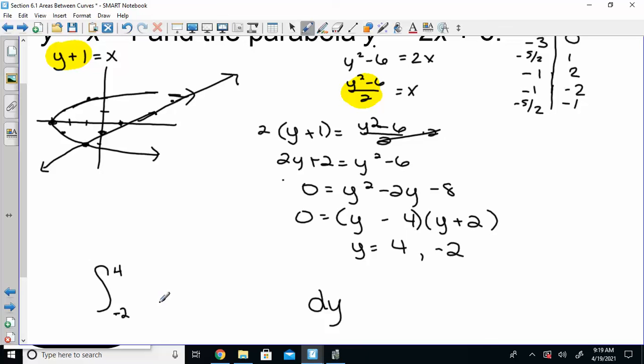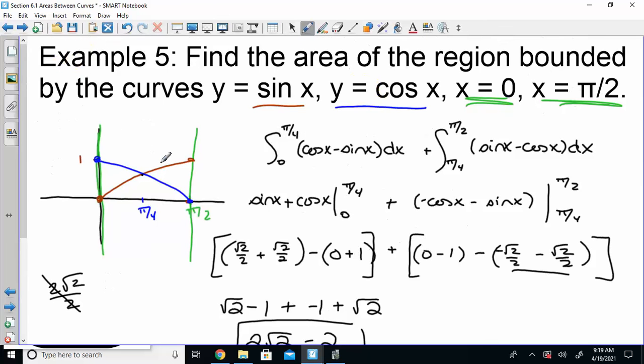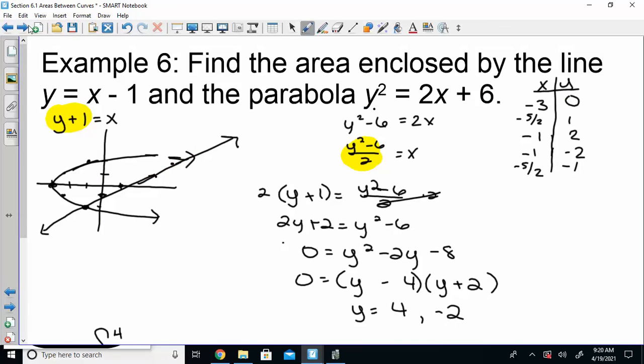Okay. Think about the others. We did the top minus the bottom because we wanted to get a positive answer. When you integrate with respect to y, you're going to have to do the right minus the left. So everything flips. Instead of thinking top to bottom, you're going right to left.